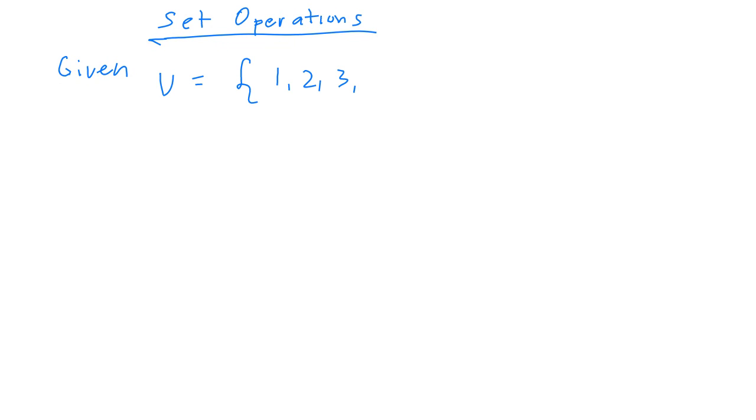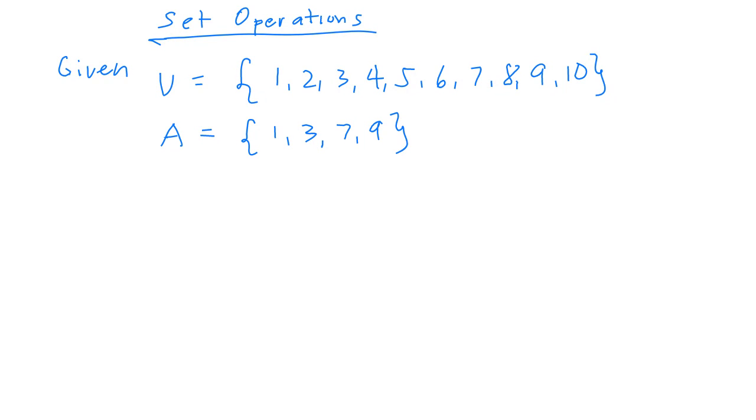These are the elements inside U. And then set A, we have elements here 1, 3, 7 and 9.